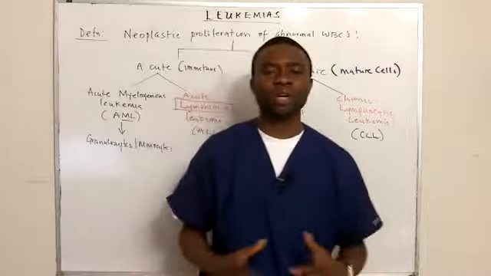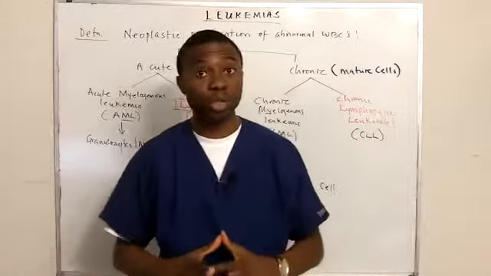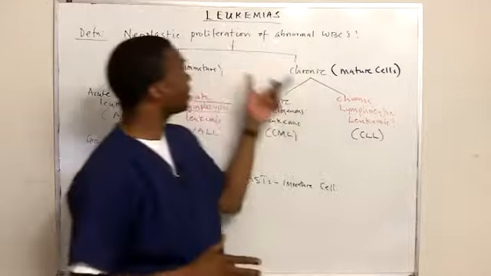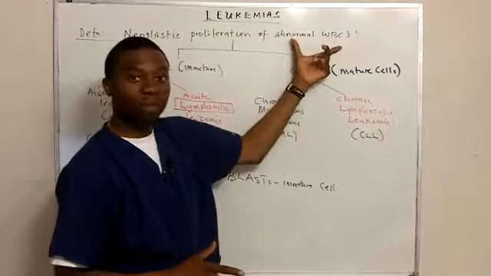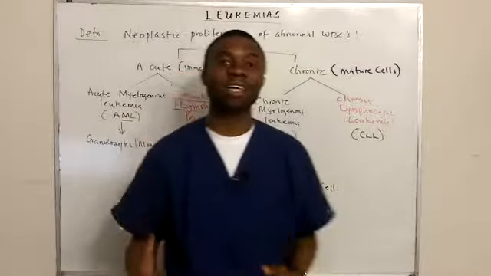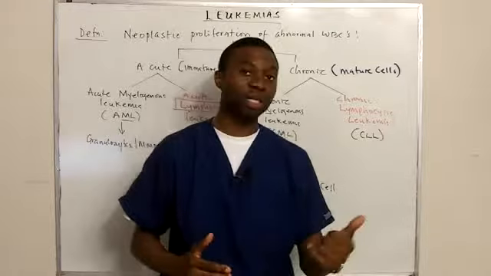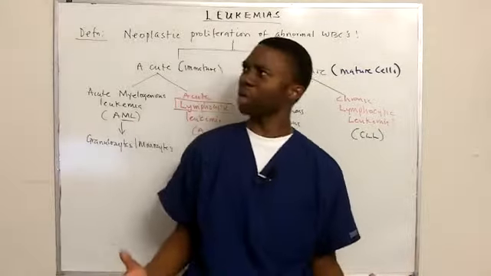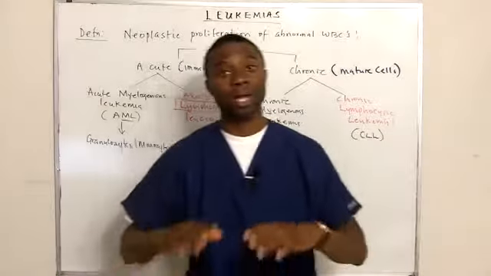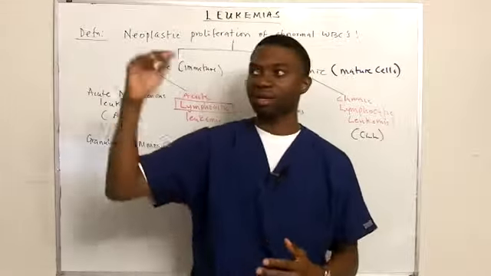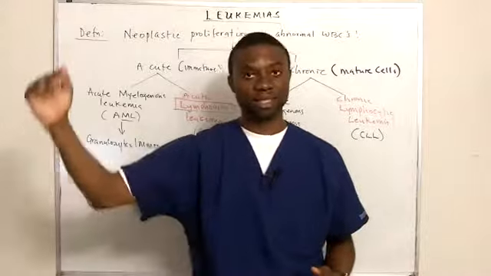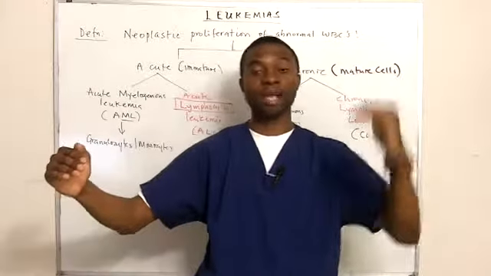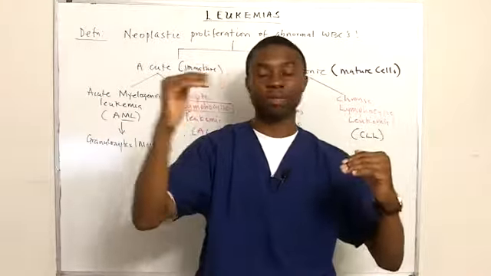So let's talk about general evaluation of patients with leukemias. Because these abnormal white blood cells affect all the cell lines in the bone marrow, they're going to be pancytopenic. What is that big fancy word for? Pancytopenia means their white blood cell line is down, their red blood cell line is down, which causes anemia, right?